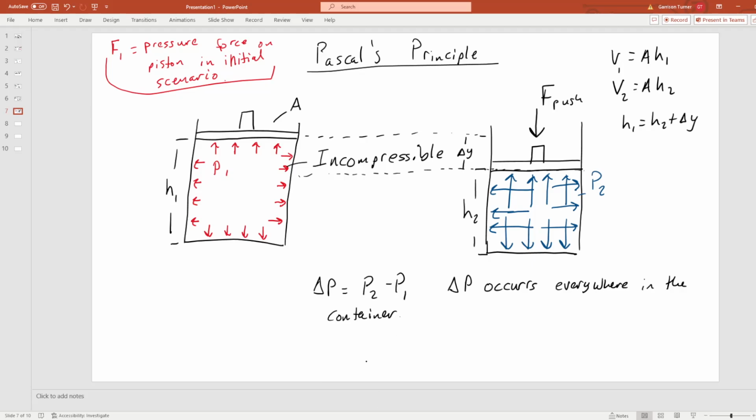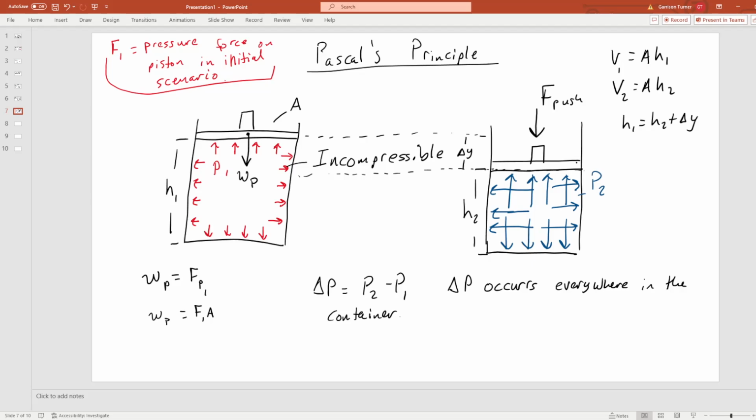Okay. So there is a very severe consequence with this. First things first, if we look at this first situation, obviously if the piston is in equilibrium, then the weight of the piston must be balanced by the force from the pressure. And so this is going to be F1 = P1A.